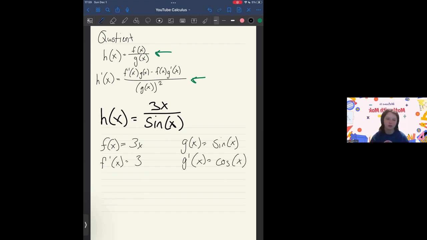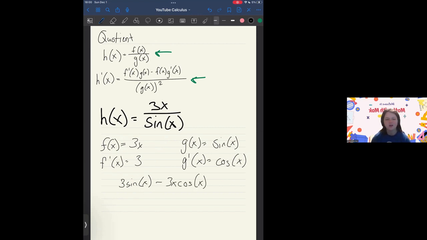Well, from here, we kind of just plug and chug it, right? So we get our f prime 3 times just the plain g of x, right? Sine of x. But now we're subtracting because it's division instead of multiplication, right? But otherwise, it's the same as before, right?